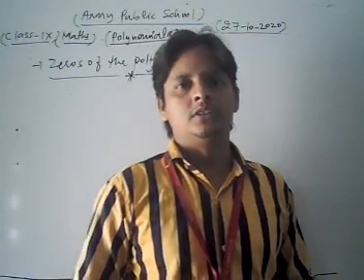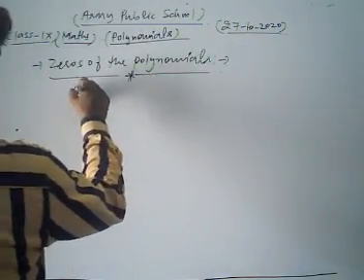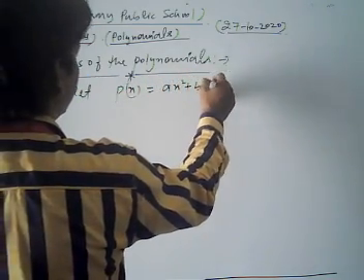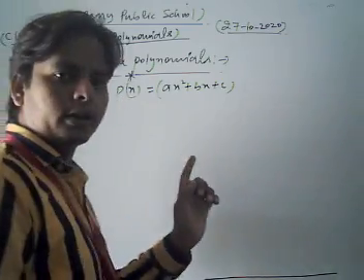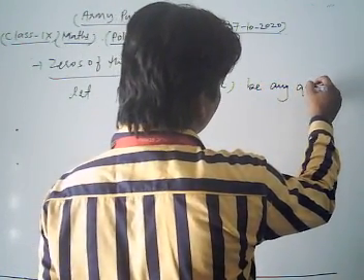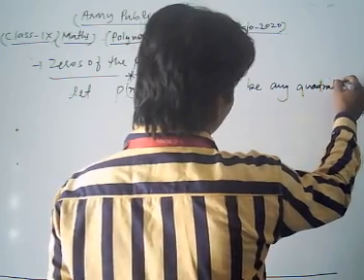Now we discuss what the concept of a zero of a polynomial is. Suppose, dear students, let p(x) = ax square plus bx plus c be any quadratic polynomial.